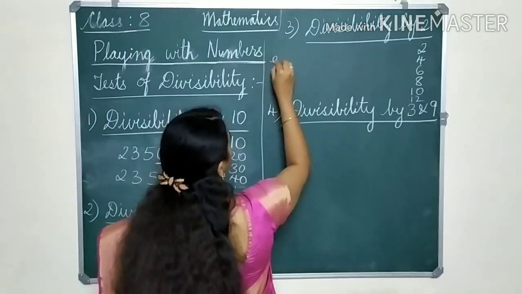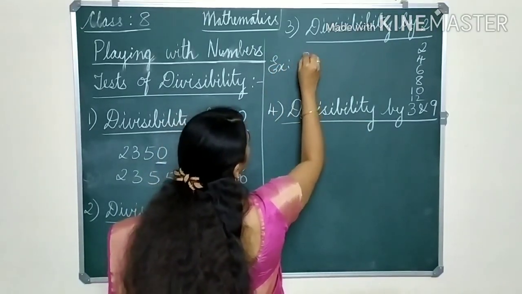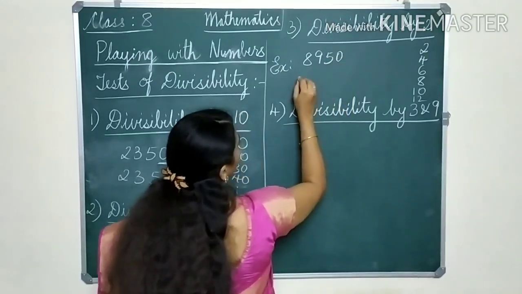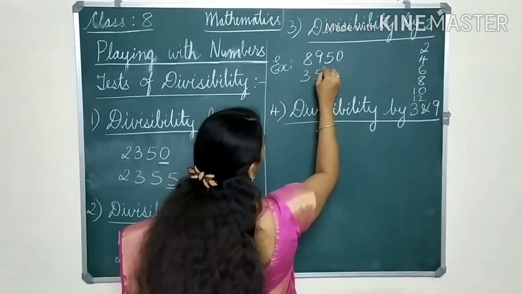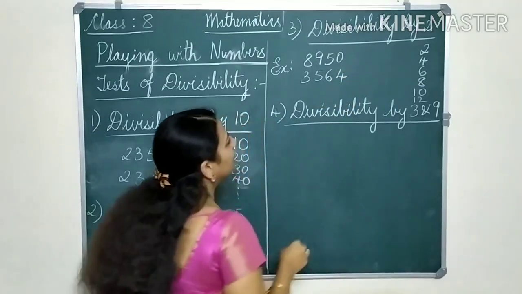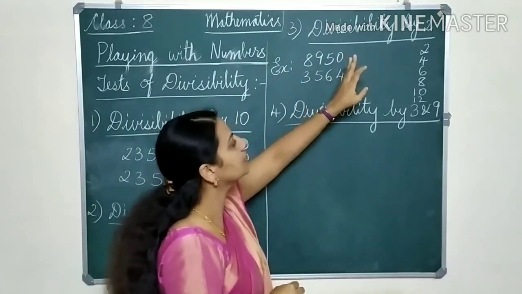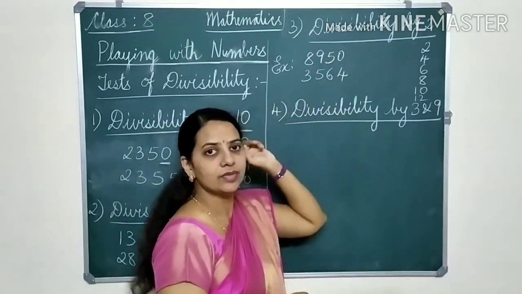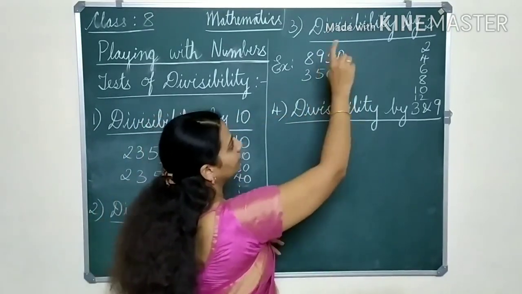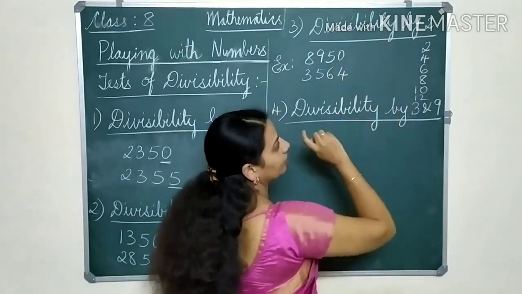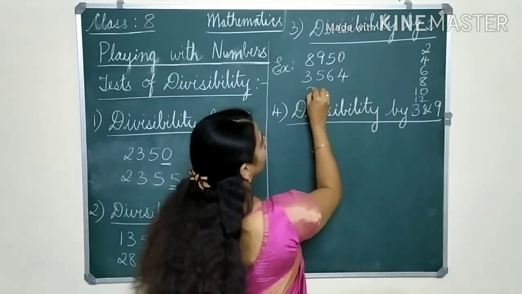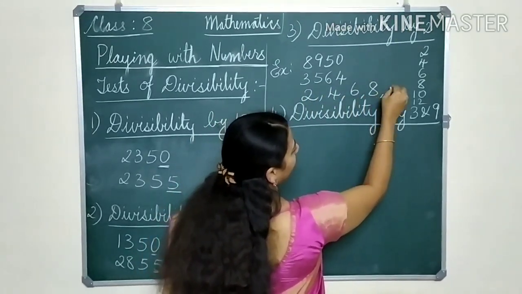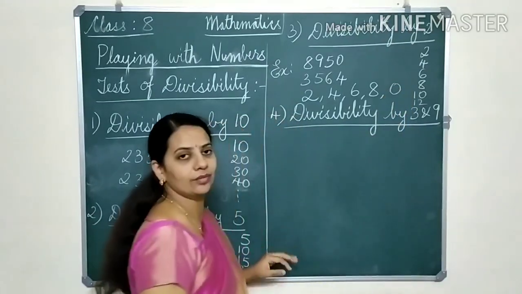So for example, in these two cases, the last digit is 0 and 4. So these two numbers are divisible by 2. So the only thing you have to remember is, for a number to be divisible by 2, the last digit should be either 2, 4, 6, 8 or 0.